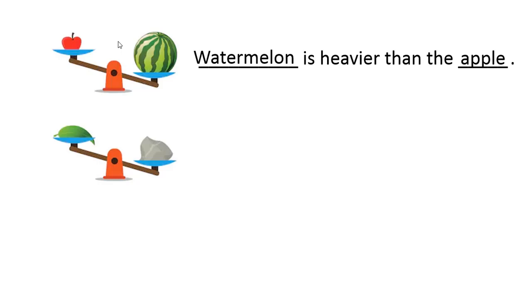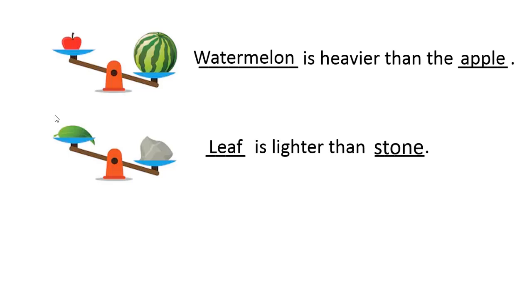Next, you can see a leaf on this plate and a stone on this plate. Which is heavier and which is lighter? Very good. So dash is lighter than dash. Leaf is lighter than stone.